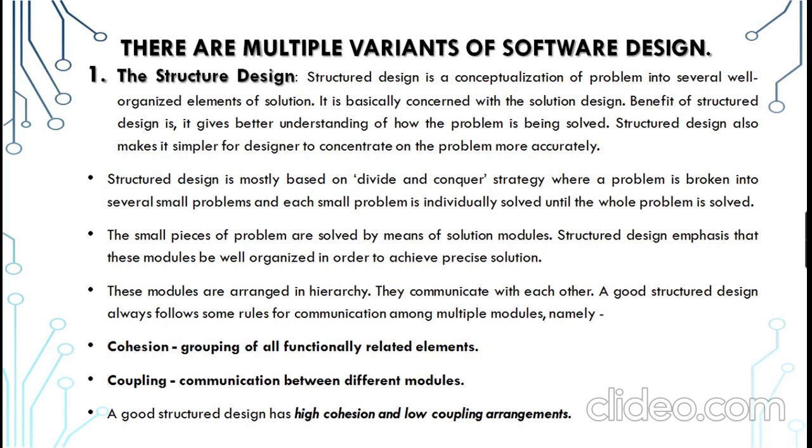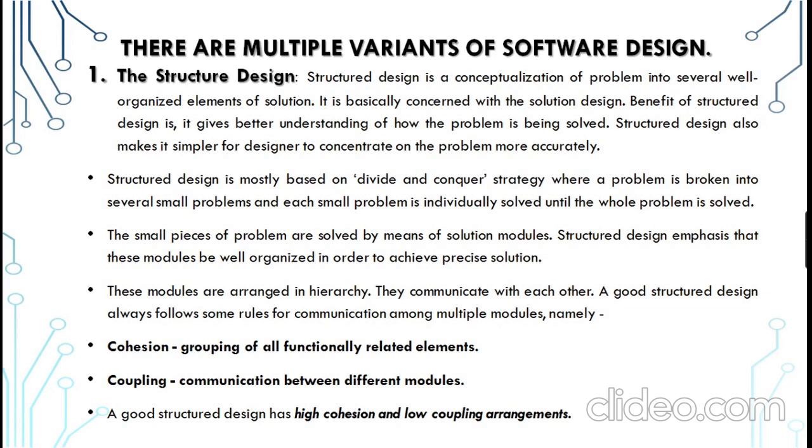Those small pieces of problems are called solution modules, and structured design emphasizes that these modules be well organized in order to achieve the precise solution. These modules are arranged in a hierarchical manner so that they can communicate with each other. A good structured design always follows some communication rules among the multiple modules.